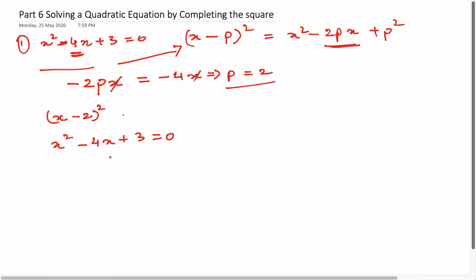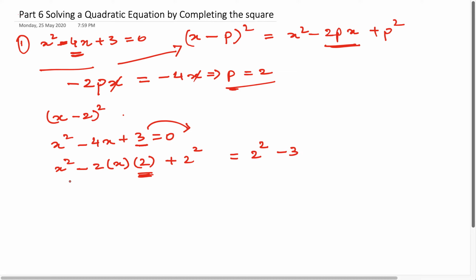The x square minus 4x can be written as x square minus 2ab, where a is x and b, which I have found to be 2. And I am adding a 2 square on this side, so I will have to add a 2 square on this side as well. And this 3 I'm taking to the right side, so it will become a minus 3.